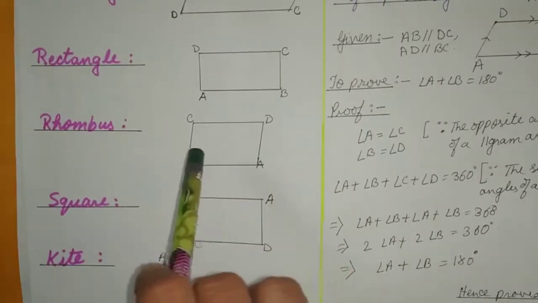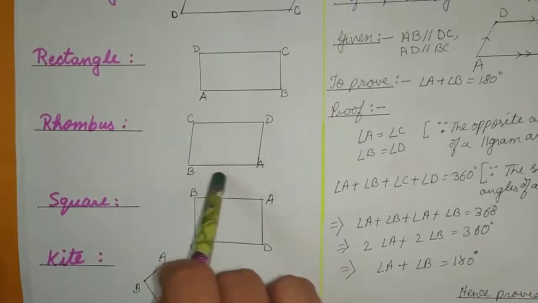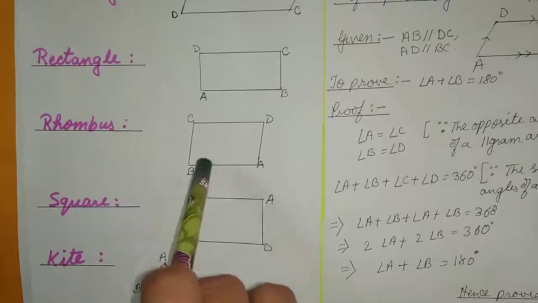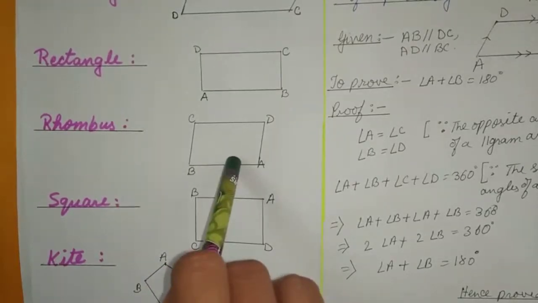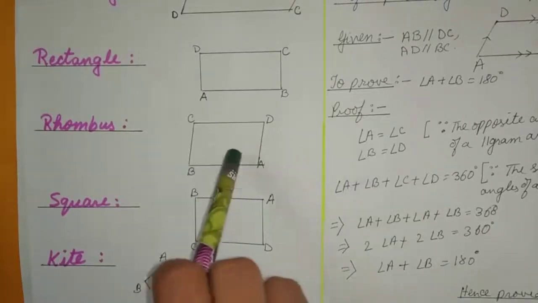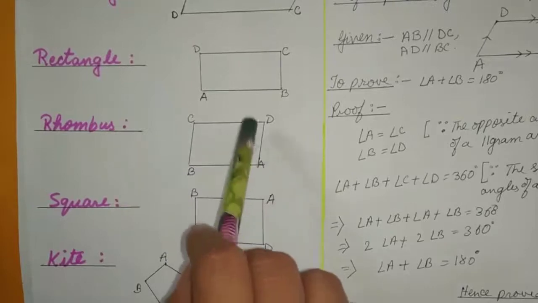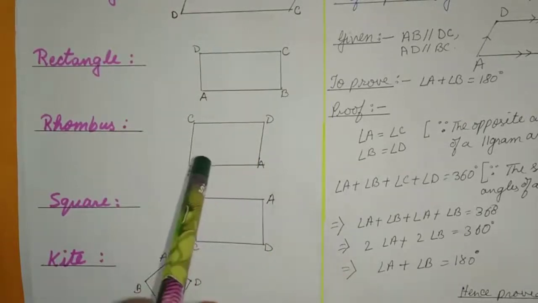The opposite sides are parallel. That means it's a parallelogram with the adjacent sides also equal. And most importantly, the diagonals bisect each other at right angles. They are perpendicular bisectors. If you join AC and BD, they will bisect each other at 90 degrees.